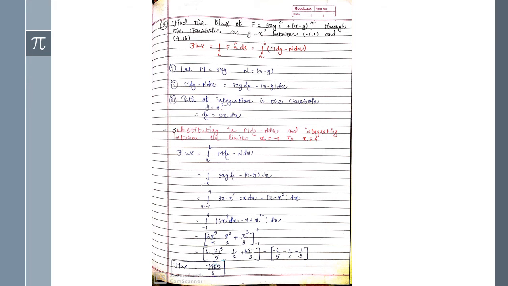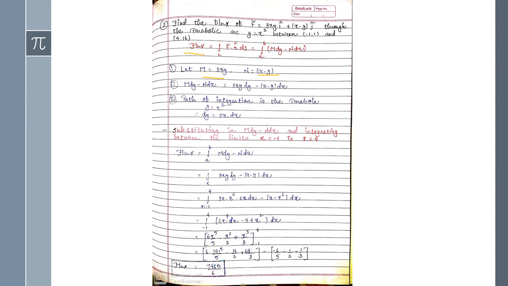Very first, in the beginning you write the formula for the flux. Now the first step is to find M and N, comparing with M i plus N j. So M equals 3xy and N equals x minus y. In the second step you have to find M dy minus N dx.